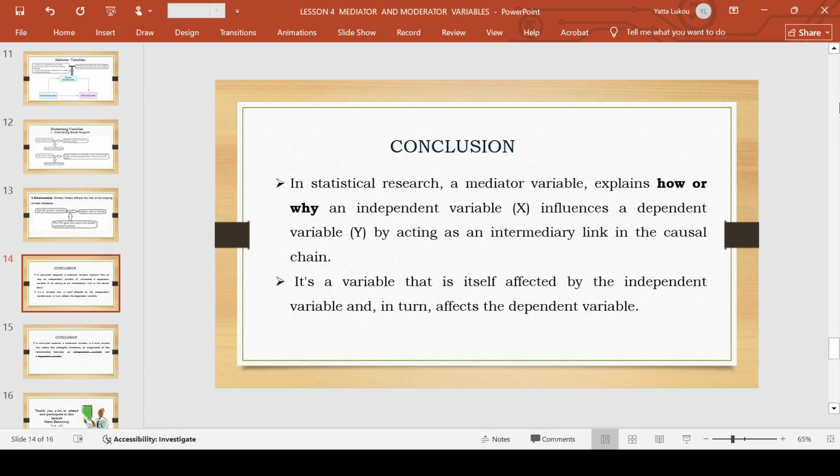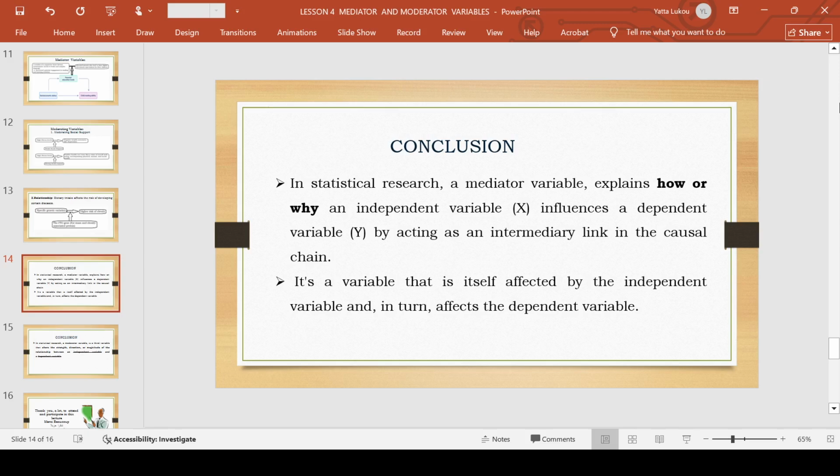In conclusion, in statistical research, a mediator variable explains how or why an independent variable X influences a dependent variable Y by acting as an intermediary link in the causal chain.